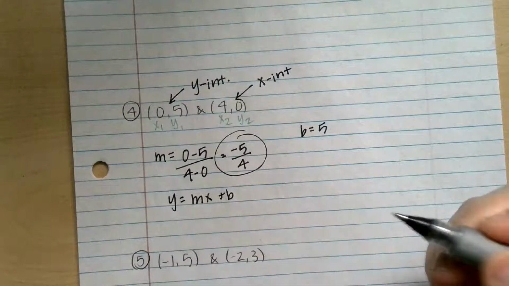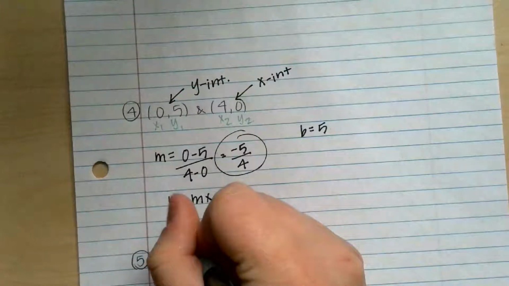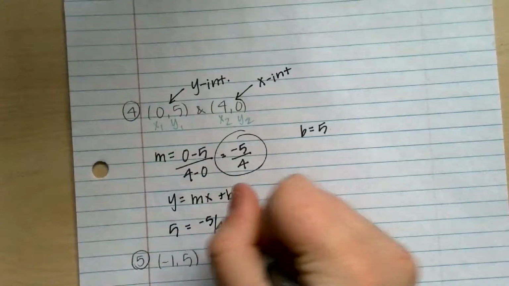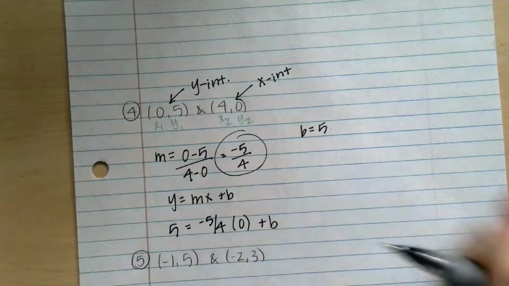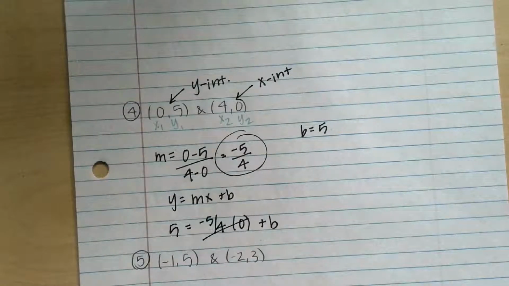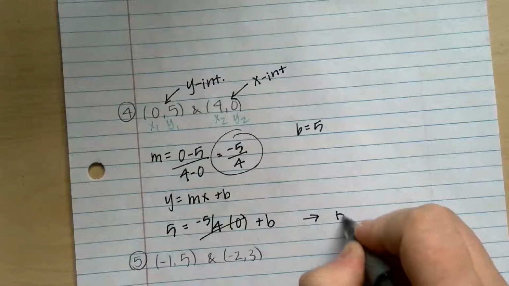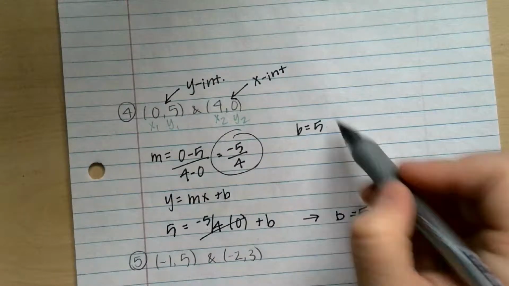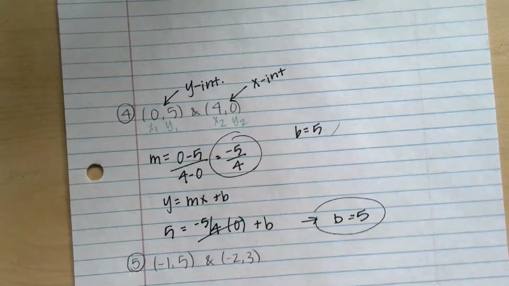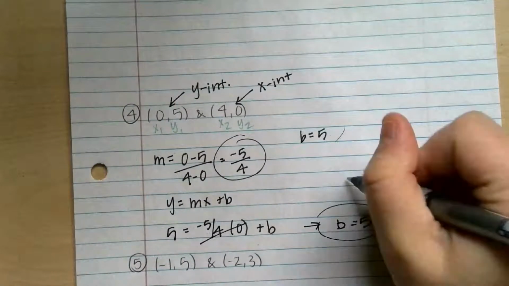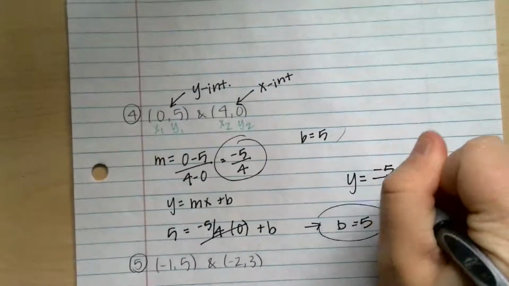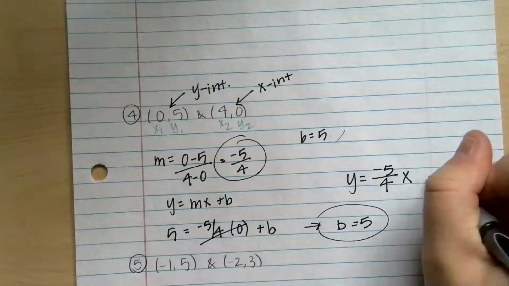So, when we substitute in, our y is 5 equals negative 5 over 4 times 0 plus b. 0 times anything is 0, so we are just left with b equals 5, which is what we saw from the ordered pair, and if we solved it algebraically, we got the same thing. So, putting this together, we have y equals negative 5 over 4 x plus 5.